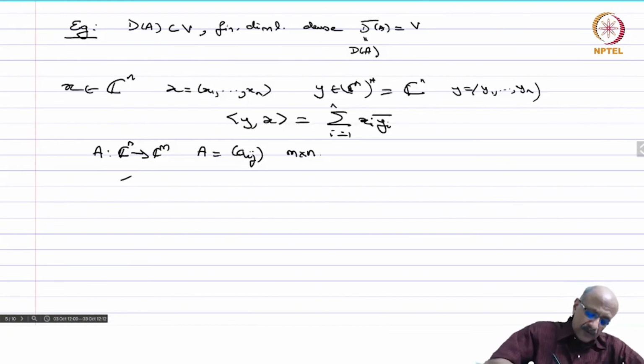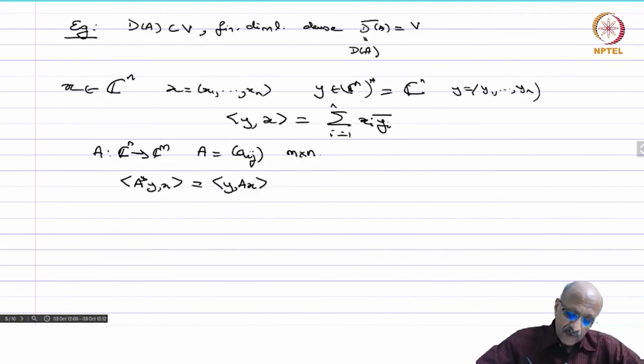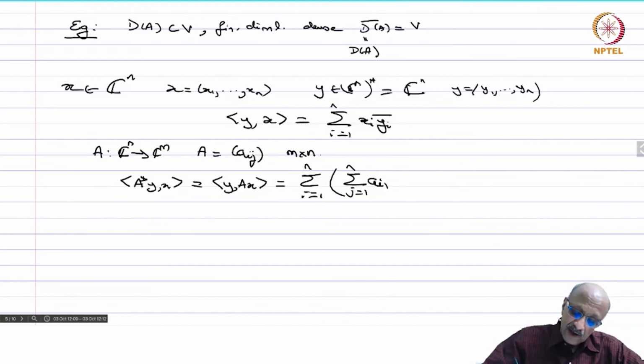So what is A star y acting on x? By definition, this will be y of Ax. And therefore that will be the sum over i of the ith component of Ax, that is the sum over j equals 1 to n of Aij xj, multiplied by yi bar.